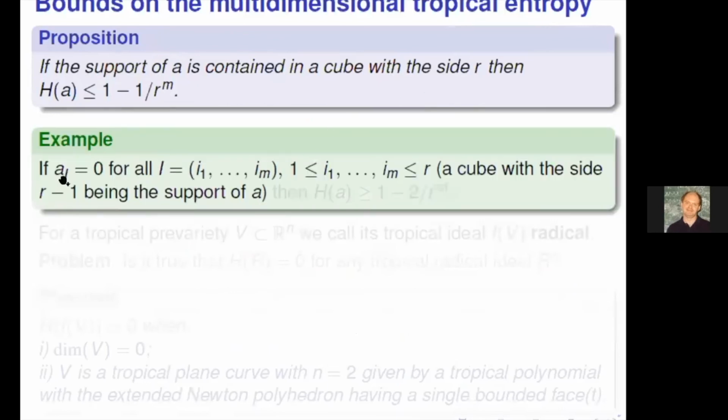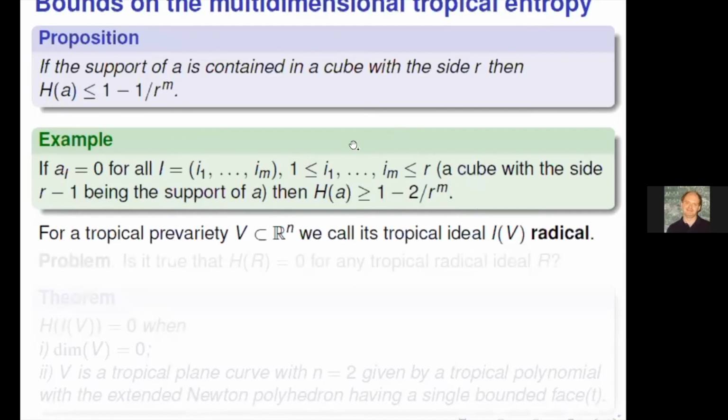Well, in our favorite example, when all coordinates are zeros in some cube with side R minus 1, then the entropy is at most, very similar to the one-dimensional situation, 1 over R to the power m.